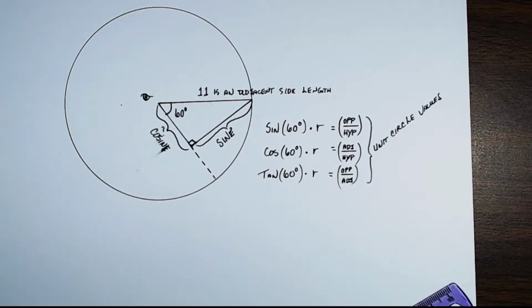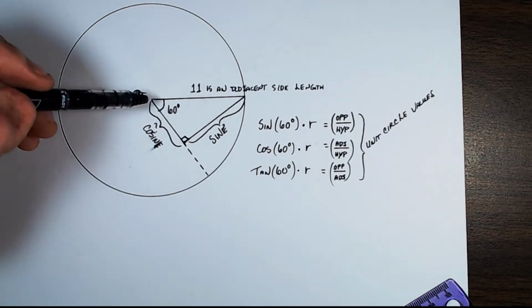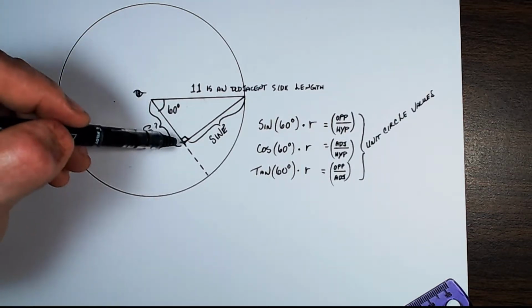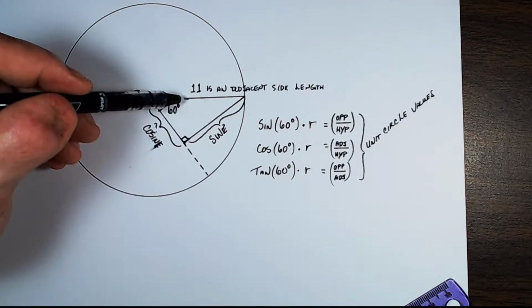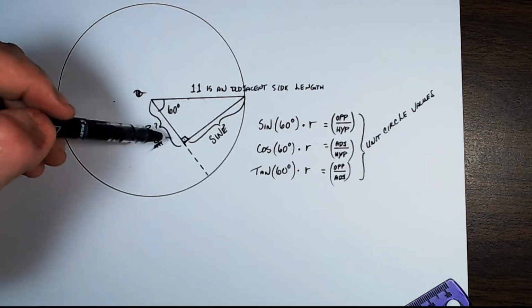Right, so which one is the most appropriate for our problem? Well, you have to think about a right triangle. What is the hypotenuse of a right triangle? It is the side that is opposite of the right angle. In other words, it's neither of the adjacent sides of a right triangle, ever.